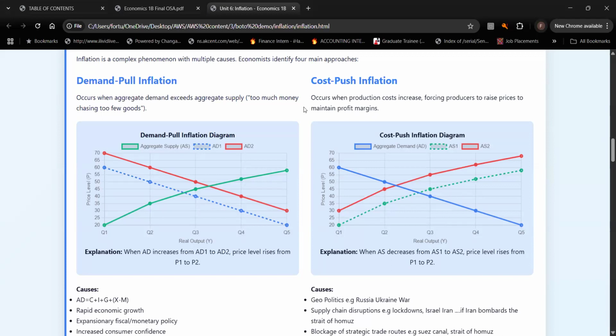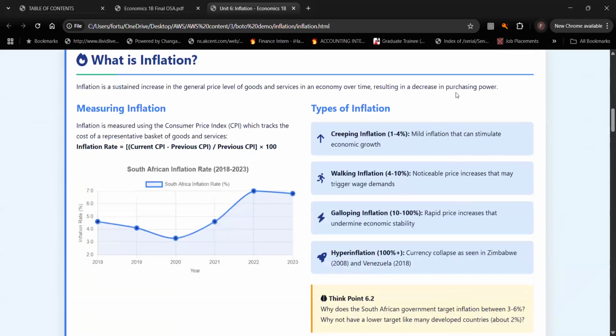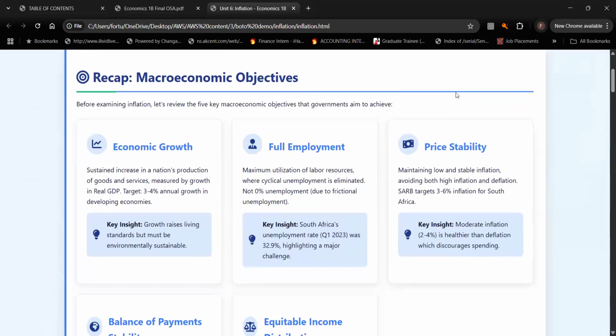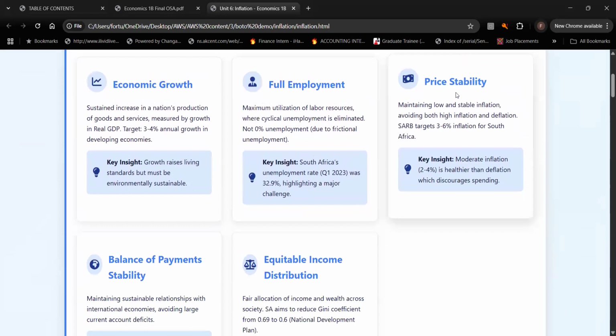So from next week, we're going to start again from unit number 1, where we are going to look at what we looked at now from a deeper perspective, getting into all of the elements that we didn't look at from unit 1 and unit 2, in relation to the introduction and measuring the performance of an economy. It becomes important, because the whole economics subject centers around these macroeconomic objectives.